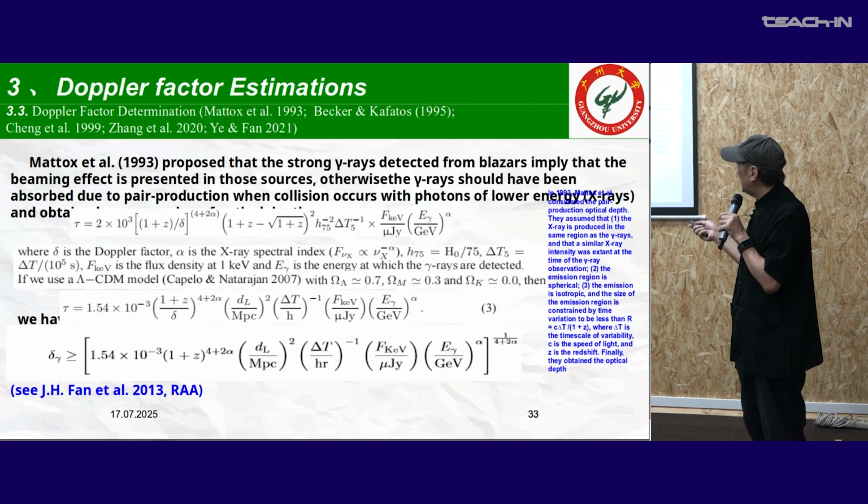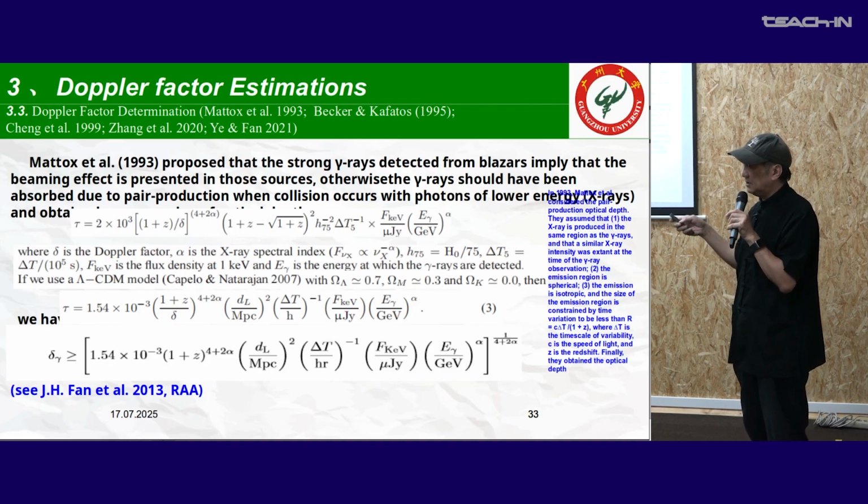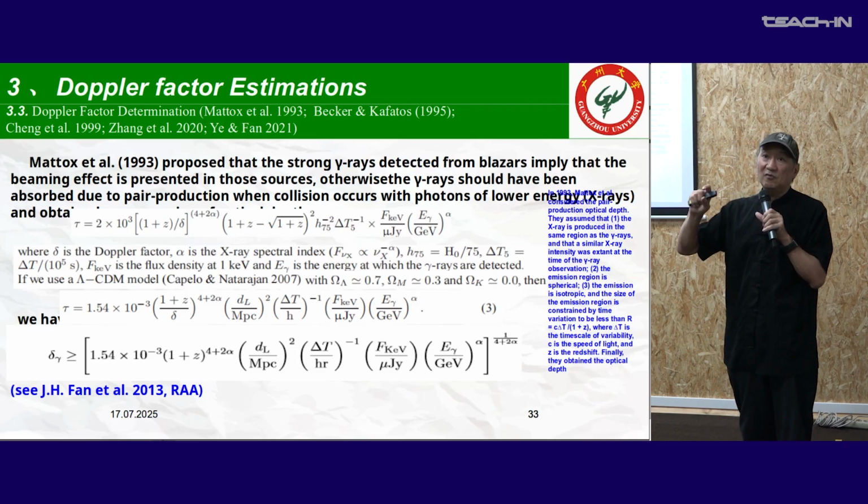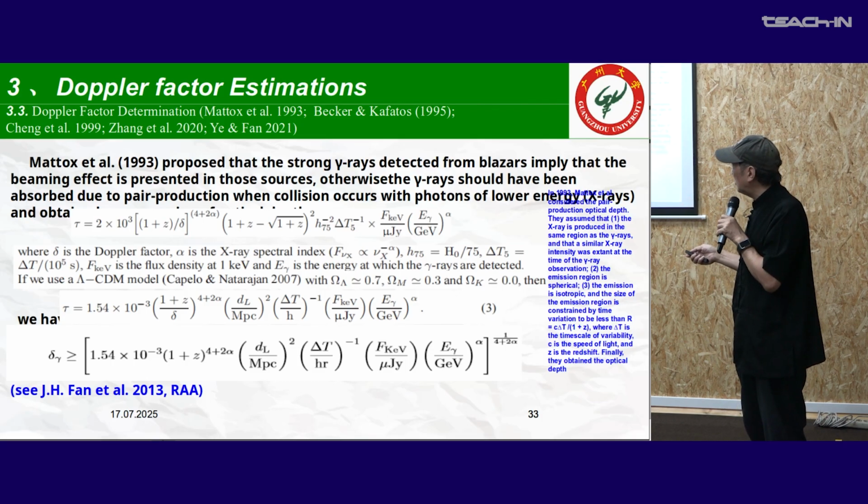This is the X-ray flux density. This is the energy of the gamma band. This is the spectral index. So they can use this to get the optical depth. If we assume the optical depth is less than 1, then we can get the Doppler factor in this way.